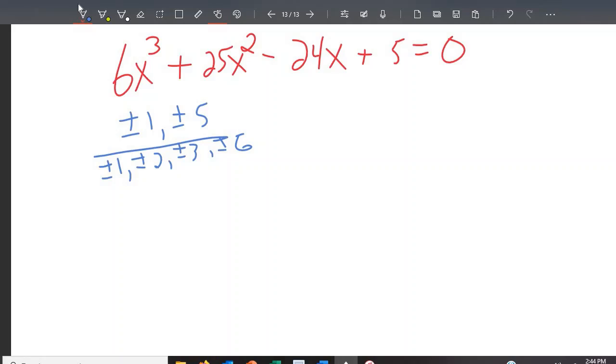Okay, so we take every number in the top, divide it by 1. We'll get that. Take every number in the top, divide it by 2. Take every number in the top and divide it by 3.